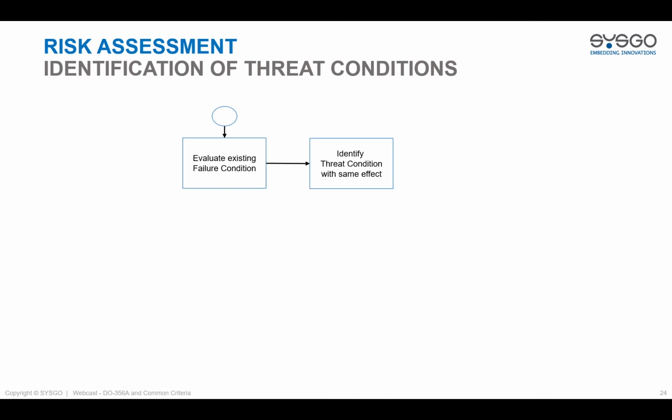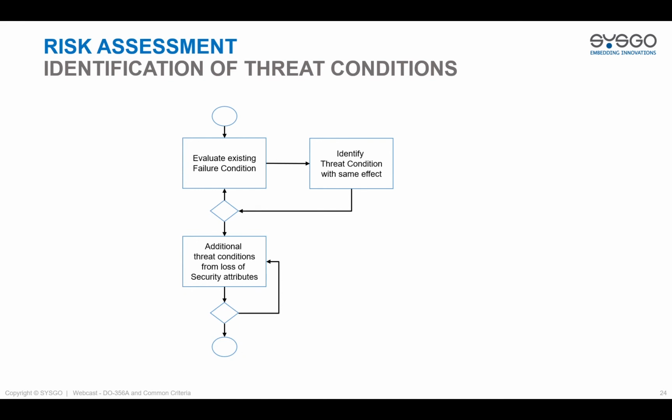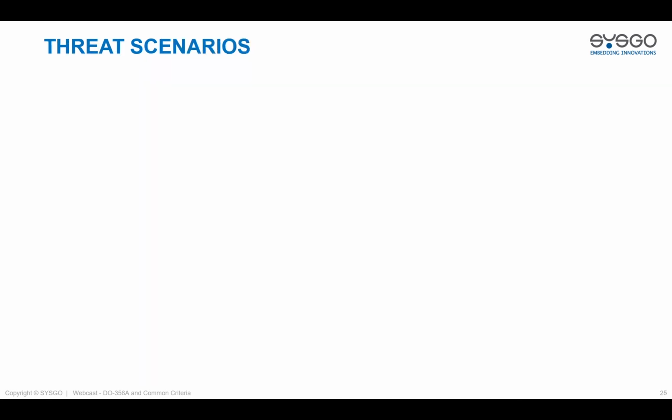So you start with the evaluation of existing failure conditions, identify new threat conditions with the same effect from this. Afterwards, you go over the entire system and identify additional threat conditions which come from loss of additional security attributes. This needs to be executed for each asset you want to protect in the system or in the airplane.